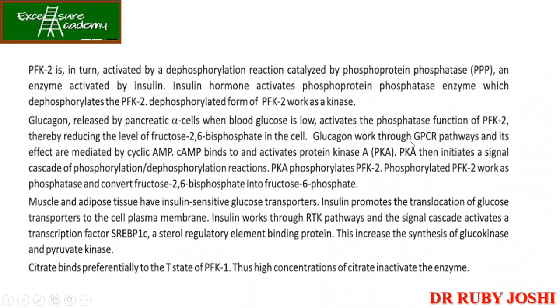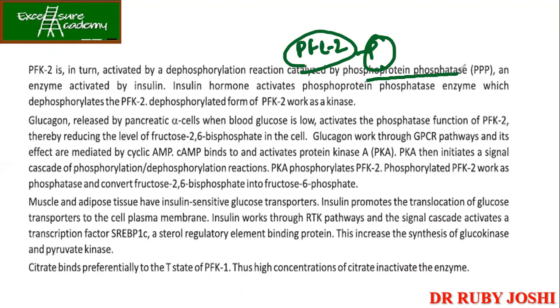Now, PFK2 is in turn activated by the dephosphorylation reaction catalyzed by phosphoprotein phosphatase, which we saw earlier. So this is the action of insulin. Insulin will act on your phosphoprotein phosphatase, and that's how it is going to activate your PFK2 to be a kinase. Very simple: for the enzyme that acts as kinase and phosphatase, to activate or deactivate it you can add a phosphate group. Who adds this phosphate group? Your phosphoprotein phosphatase will remove it, and then we have the different kinase activity which can add the phosphate group.